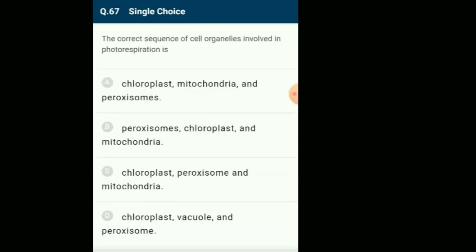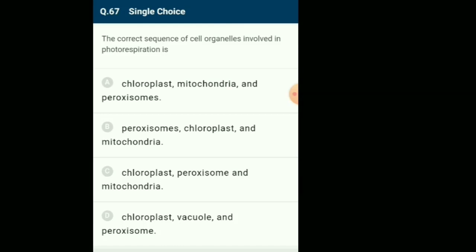Question number 67. The correct sequence of cell organelles involved in photorespiration is. Photorespiration is a light dependent process. Oxidation of ribulose bisphosphate and release of carbon dioxide by the photosynthetic organs of plants. It leads to oxidation of a considerable amount of photosynthetic products to carbon dioxide and H2O without the production of useful energy.